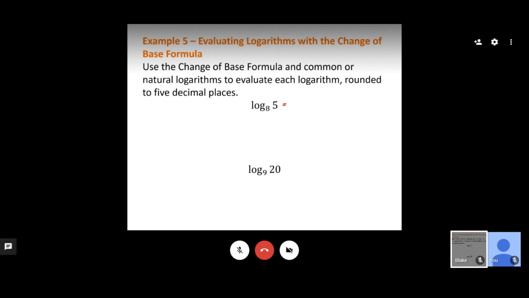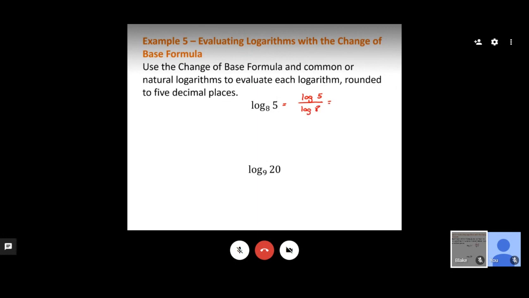All right, so log 8 over log 5. Be careful here. It's always the log of whatever's inside over the log of whatever the base is. So we just need to switch that. We're going to do the log of 5 divided by the log of 8 instead.